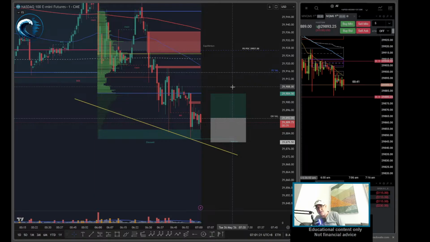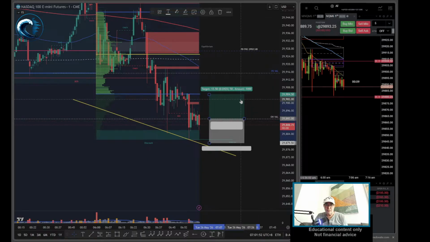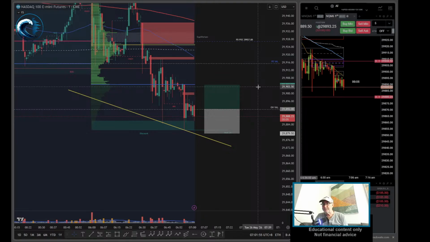Don't really like that candle, if I'm being honest. Come on, just push up once, surely. I haven't had a chance to look at the news.